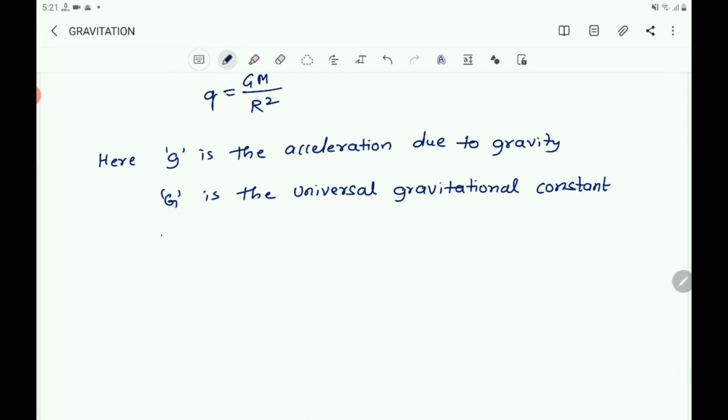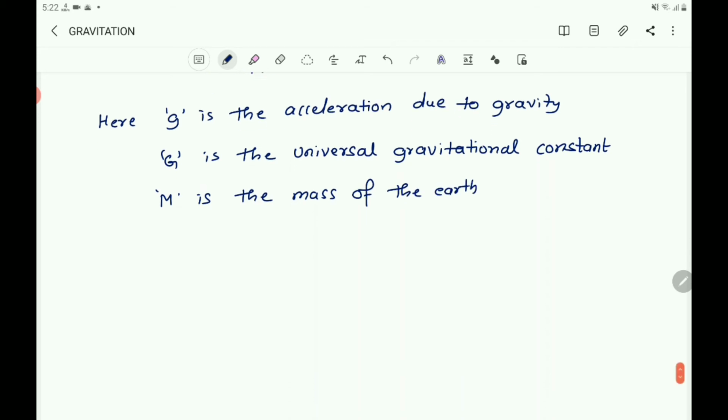M is the mass of the earth, and R is the radius of the earth.